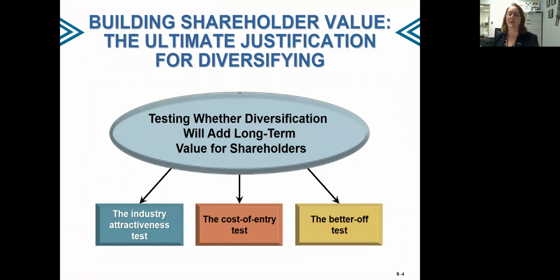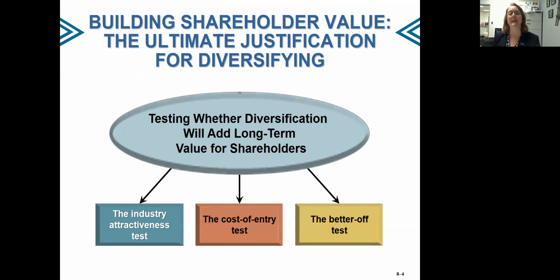So there are 3 tests to see if diversification will add long-term value to the shareholders. So 1 is the industry attractiveness test.